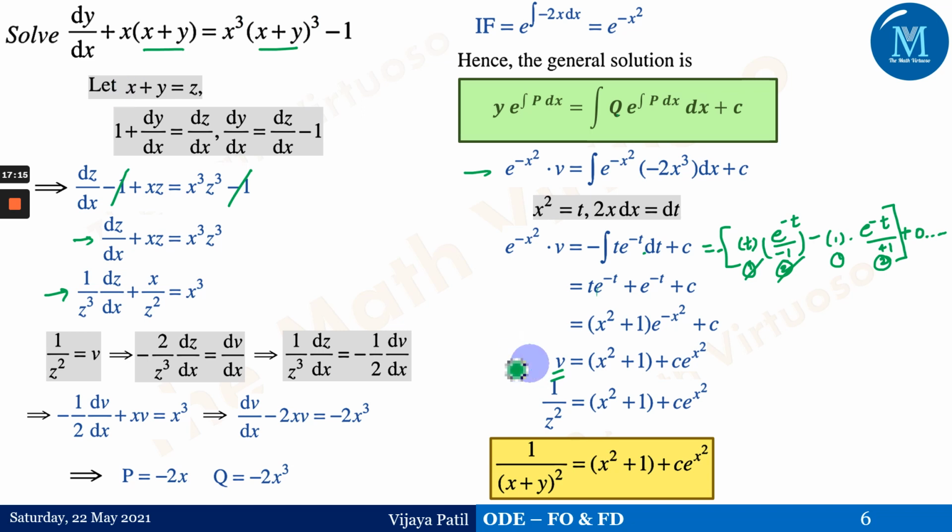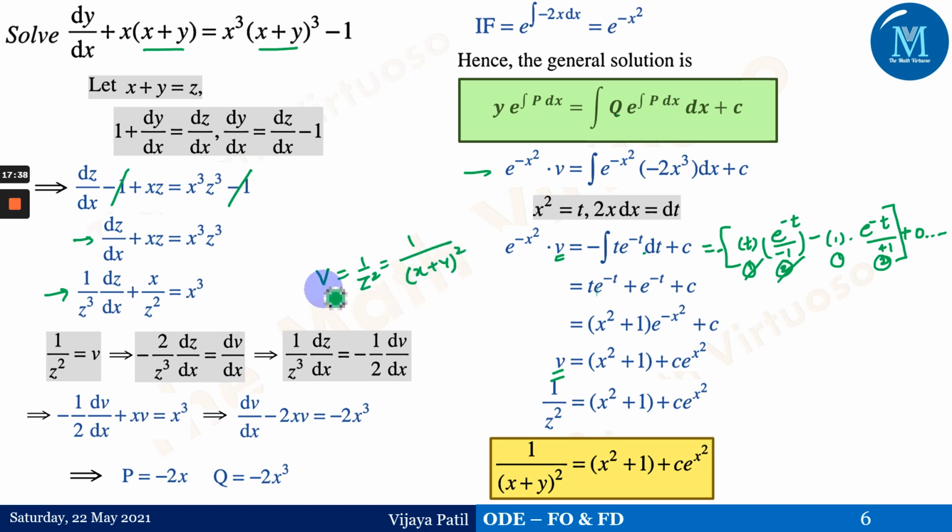We have taken it in between: v is equal to 1 upon z square. But what is this z? z is x plus y. So in this particular case, v is equal to 1 upon z square, where z is x plus y.